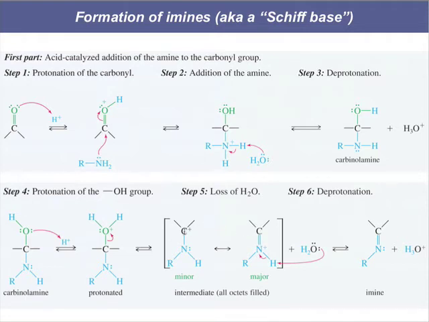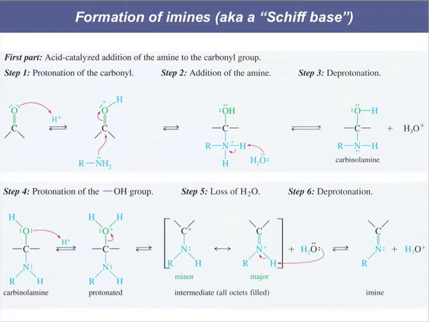The carbon here does not have an octet. In the major resonance contributor, our carbon does have an octet. Nitrogen has an octet under any case. So most of our molecule will spend most of its time looking like the major resonance contributor. If we can lose a hydrogen from that nitrogen, we end up with what's called an imine or a Schiff base, the C double bond N with an R group on it.